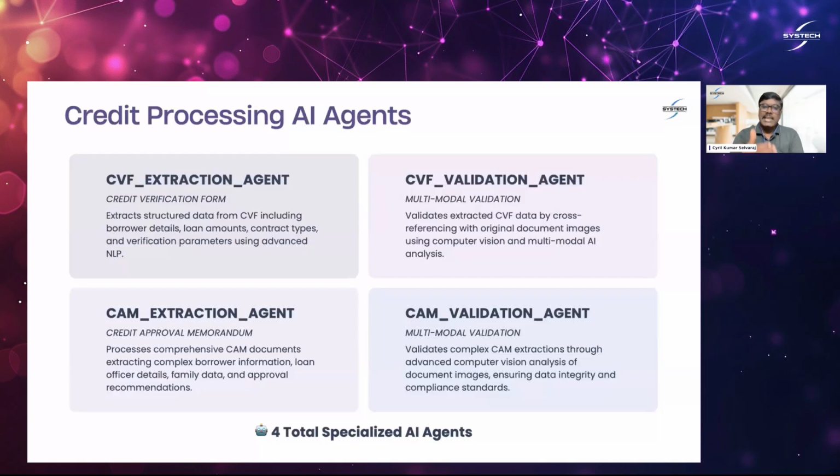The validation agents essentially perform the validation. They do cross-referencing, comparing the extracted fields with the reference fields, to check whether the extracted field matches the validation agent output. So these are the 4 specialized agents we have created in Snowflake to process the CAM and CVF documents.